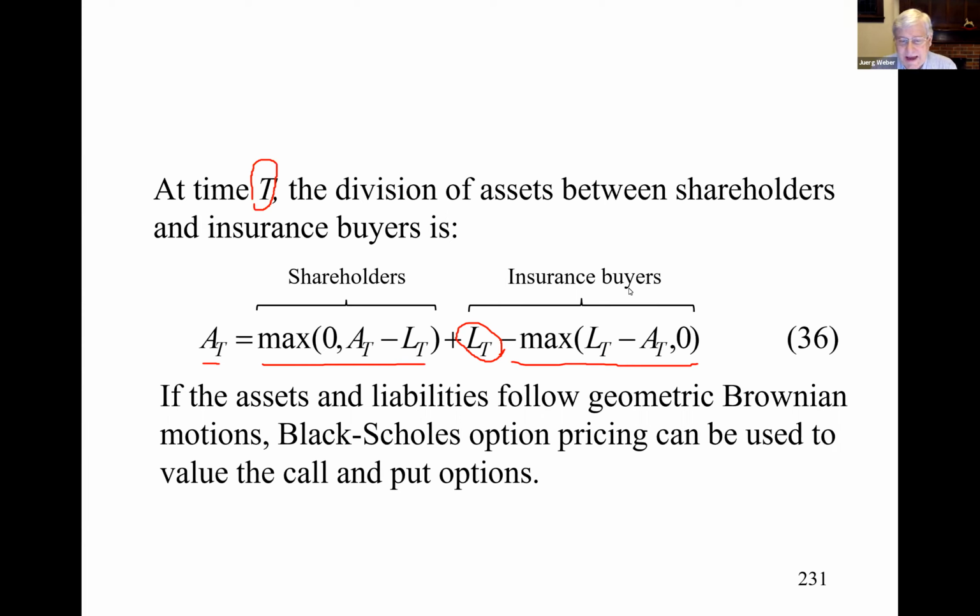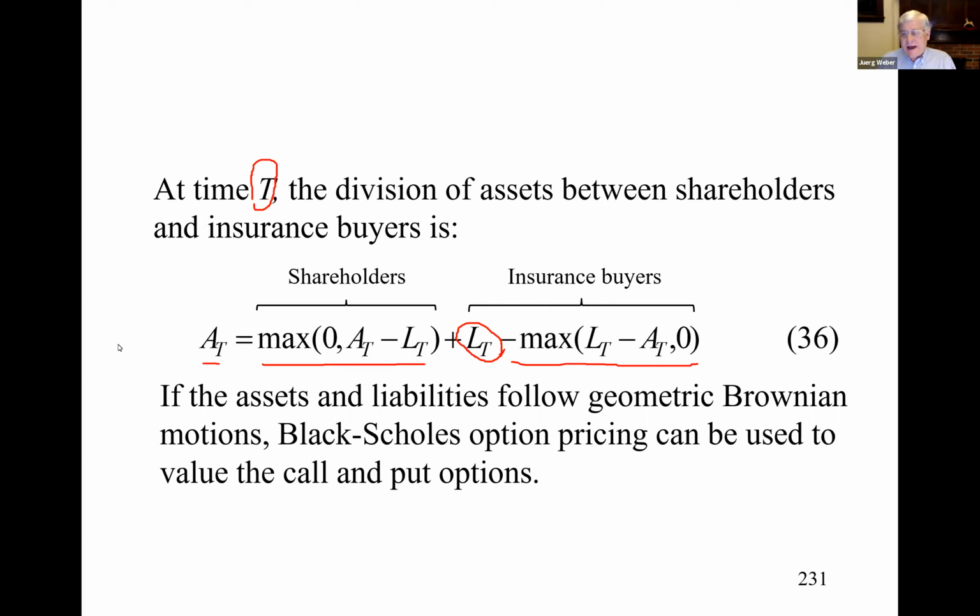So the insurance buyers do not just get the losses covered, it's somewhat reduced by the value of this put option, which measures the risk that the insurance company will go bankrupt.